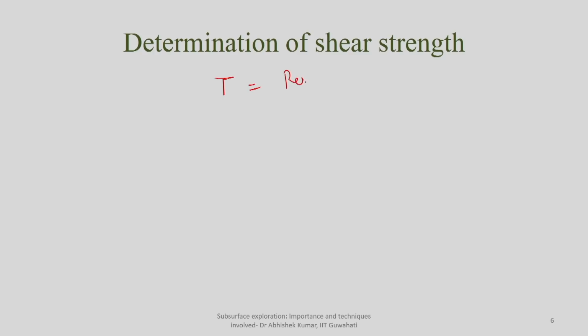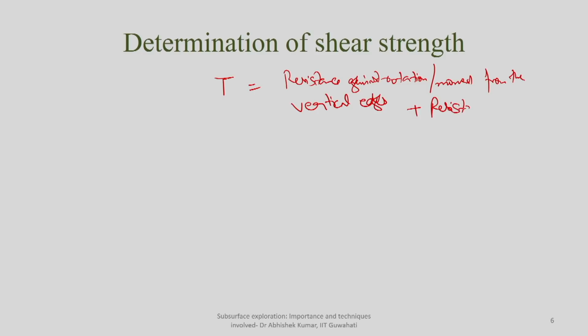One is the resistance against rotation, or you can call this a moment from the vertical edges, plus the second will be the resistance offered from the top plus bottom. Since top and bottom both are the same, you consider it as 2 times.